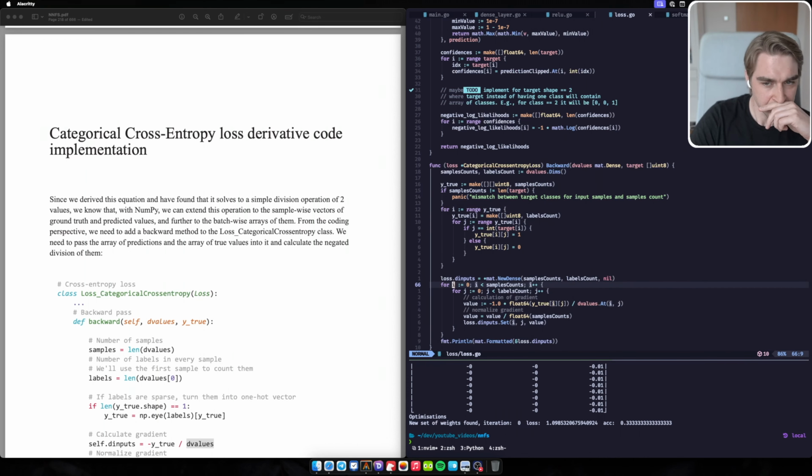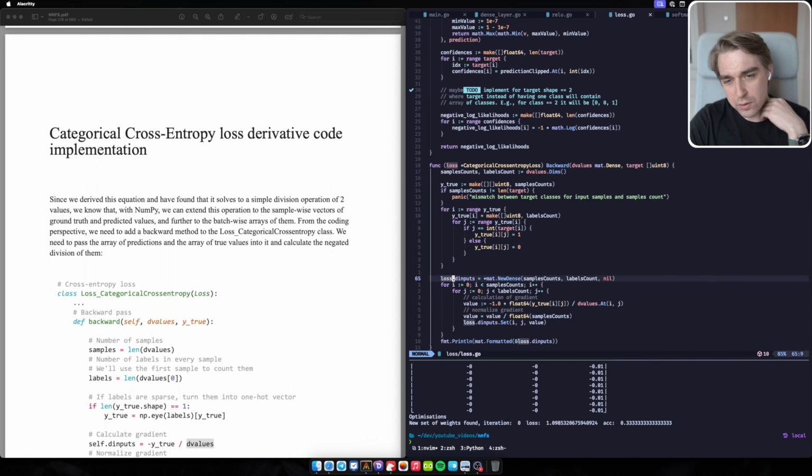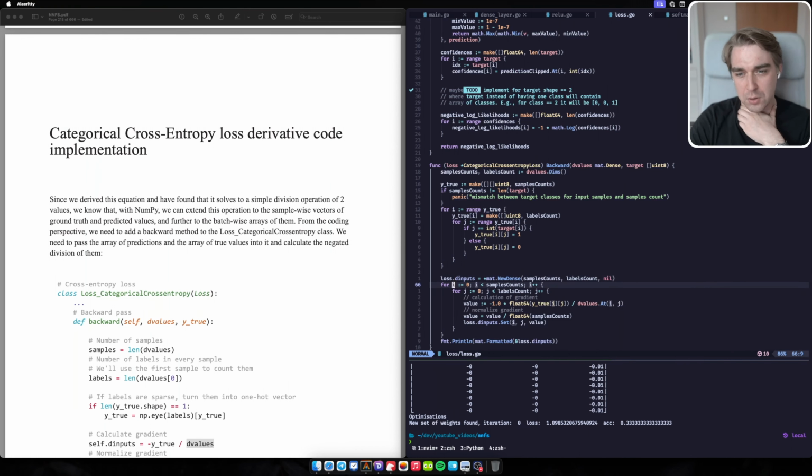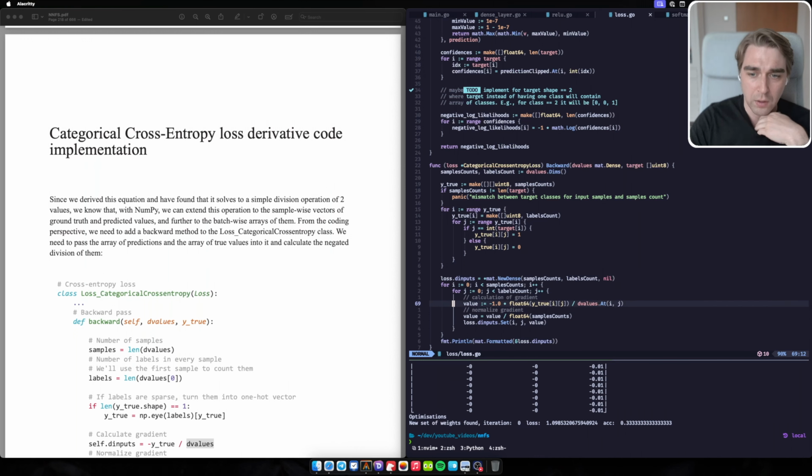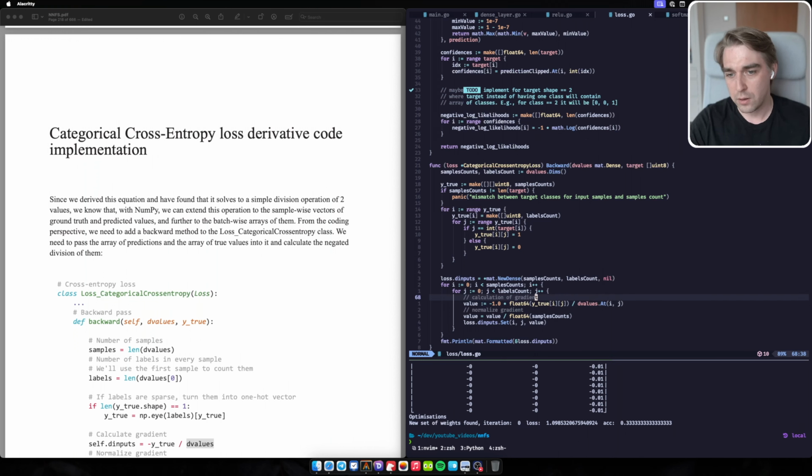Because I'm creating the D inputs, I'm taking the sample count, I'm taking the label count. And then the question of this value, and I need to determine it, right?